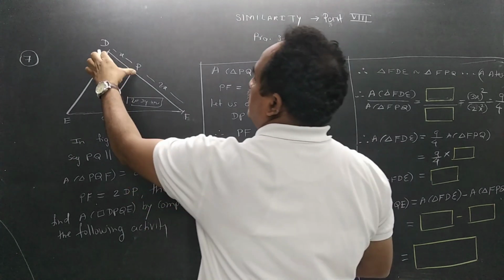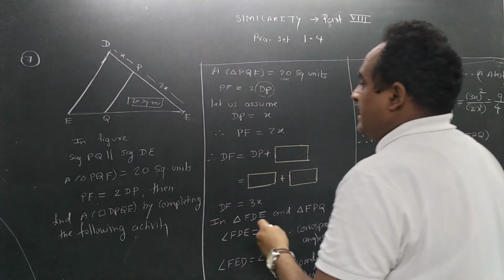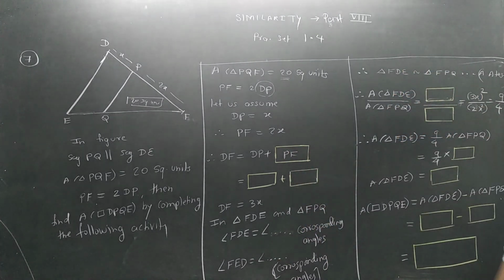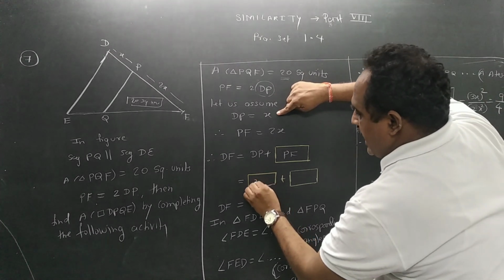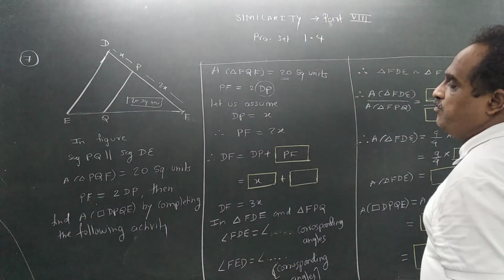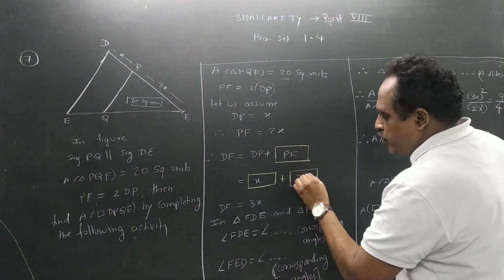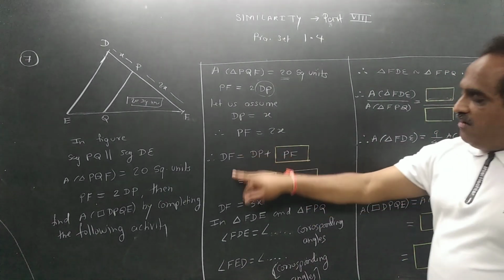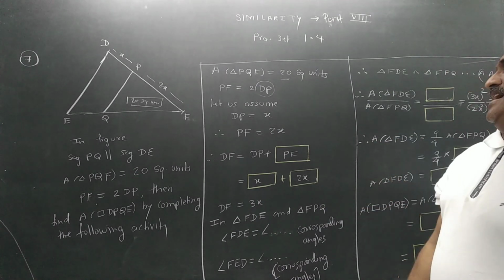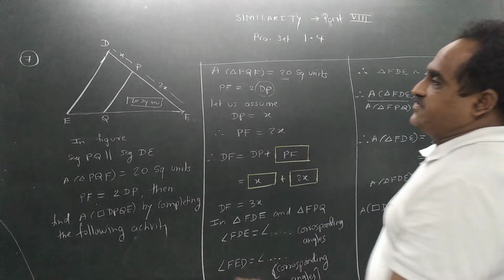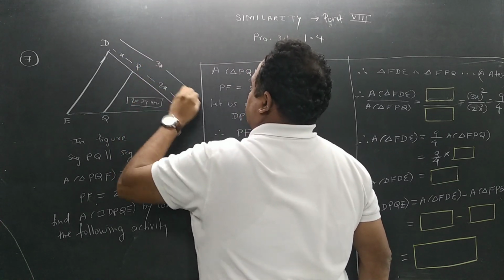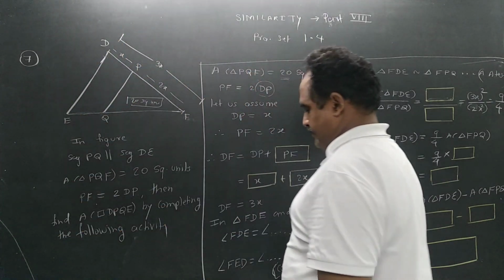That is equal to DP plus PF. The value of DP is X, the value of PF is 2X. So ultimately the value of DF will become 3X from here to here.